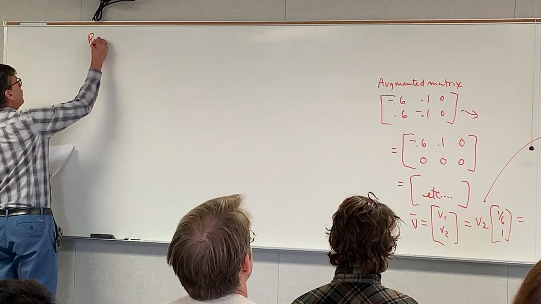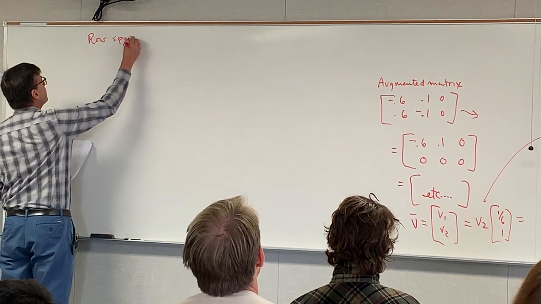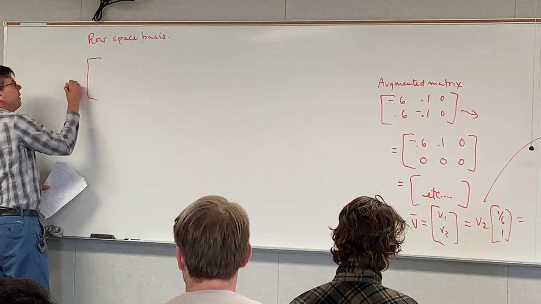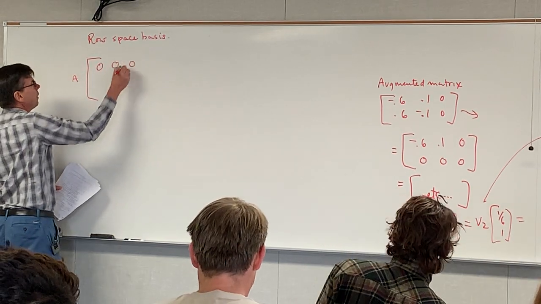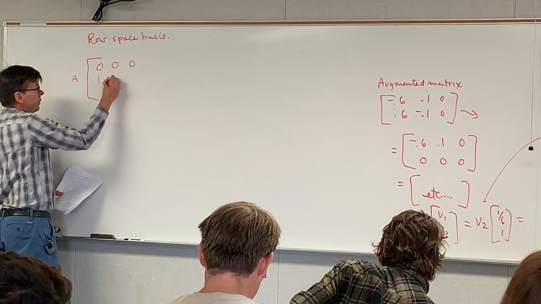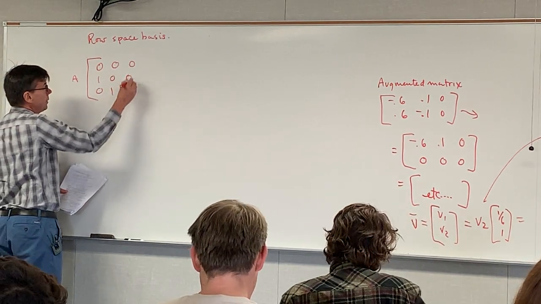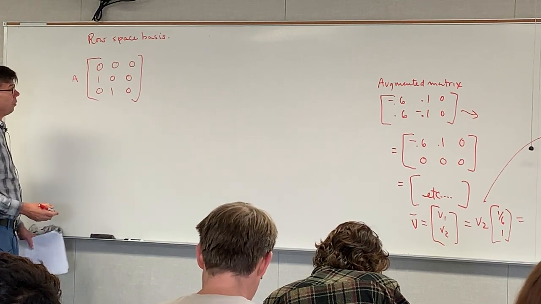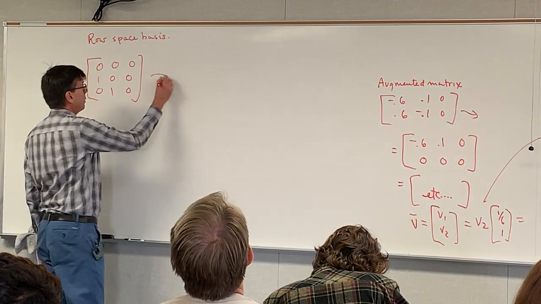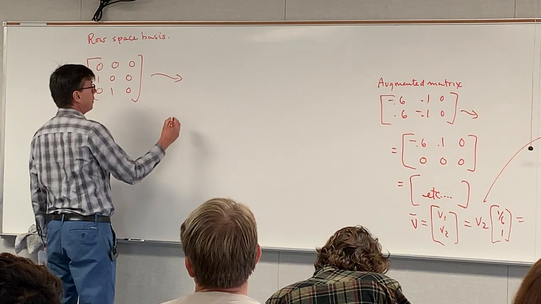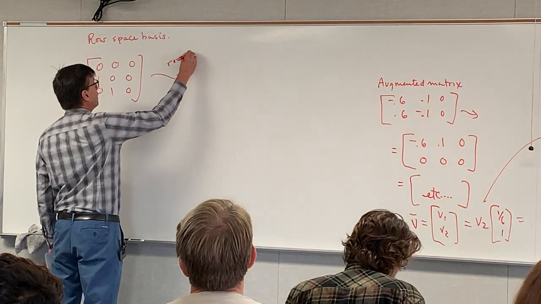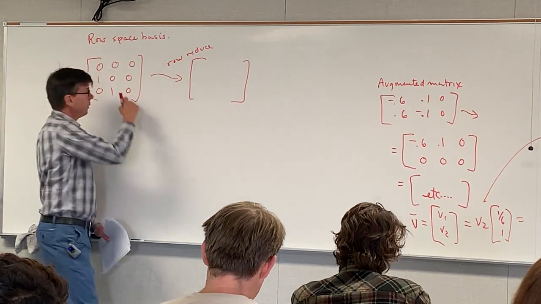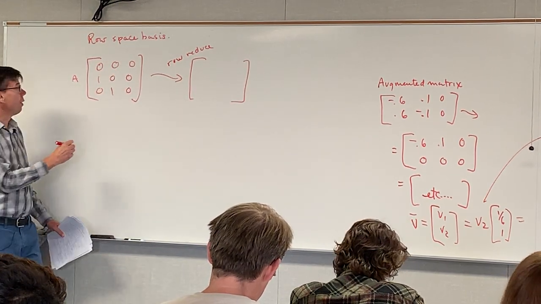So, row space basis. If A is 0, 0, 0, 1, 0, 0, 0, 1, 0, and you row reduce, you're basically just going to interchange some rows, right?